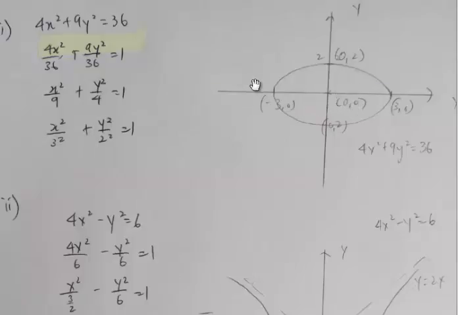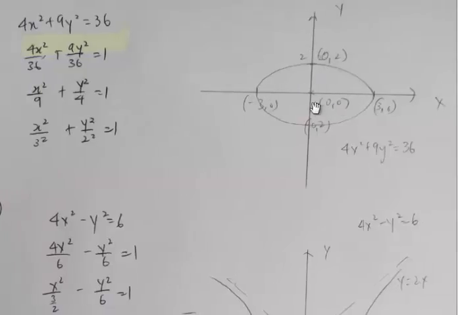The radius on the y-axis will be 2, and the radius on the x-axis will be 3 units. So the points will be 3, 0, negative 3, 0, and on the y-axis 0, negative 2, and 0, 2. So this will be an ellipse.